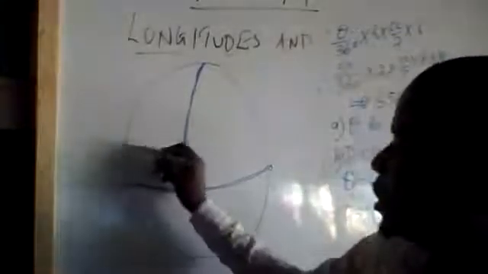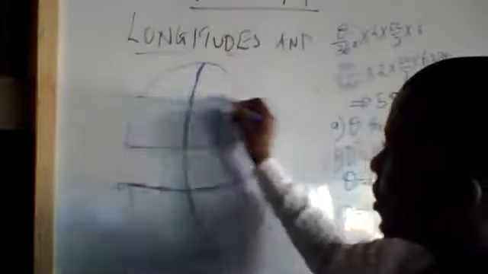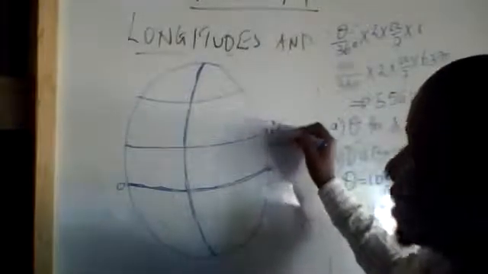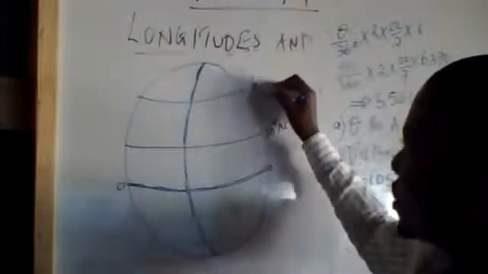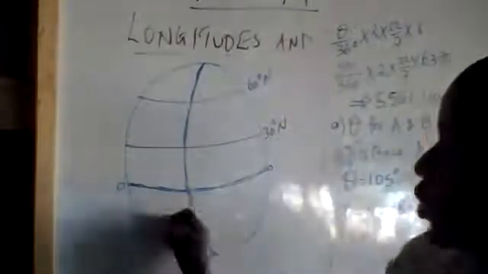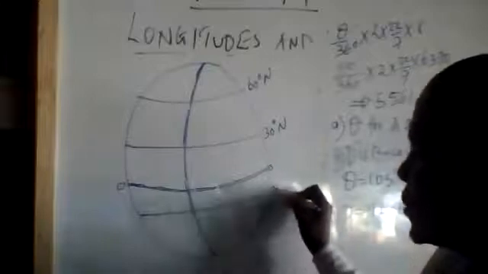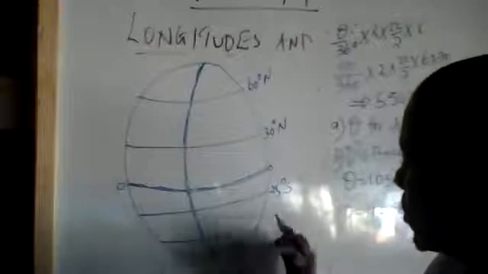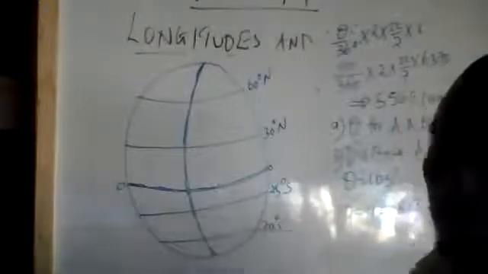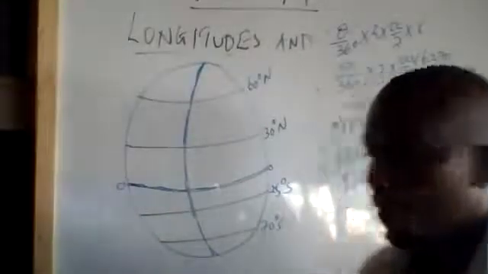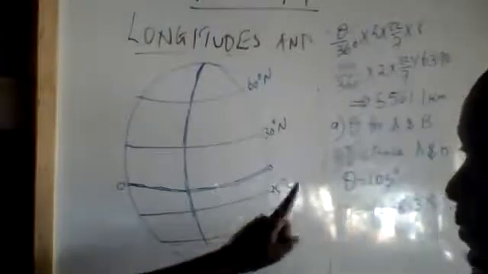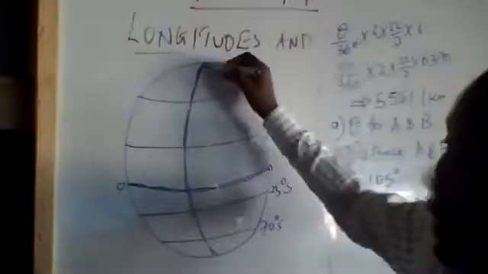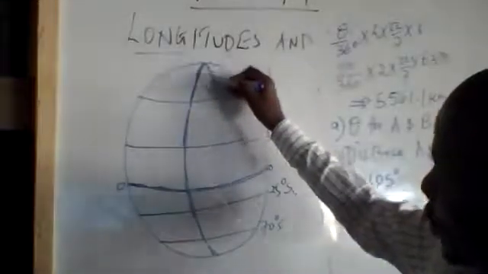Then I want to give you some few towns which are found on top of this. I want to call this 30 degrees north. I want to call this 60 degrees north. Down there, call it 25 degrees south. Then down there, call it, for example, 70 degrees south. Those who do not know how this was gotten. Now, I want us to draw another line here.